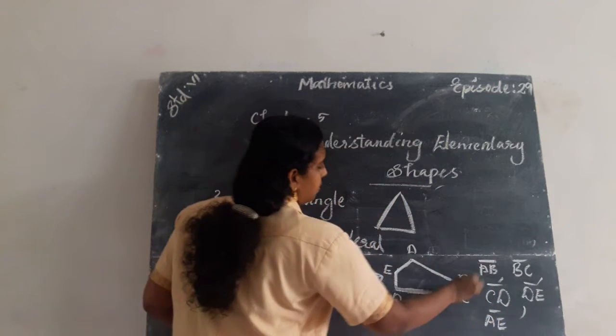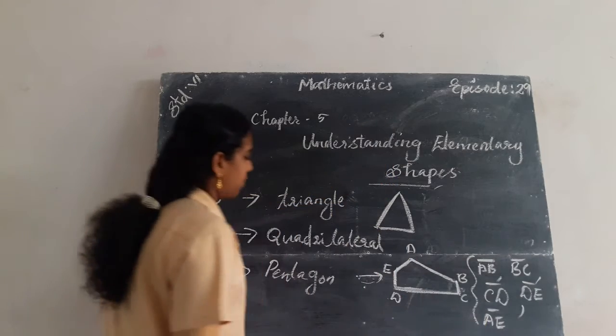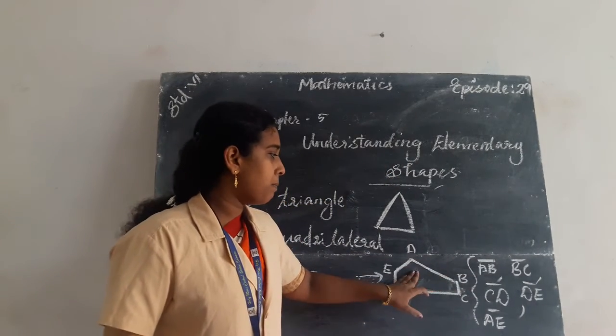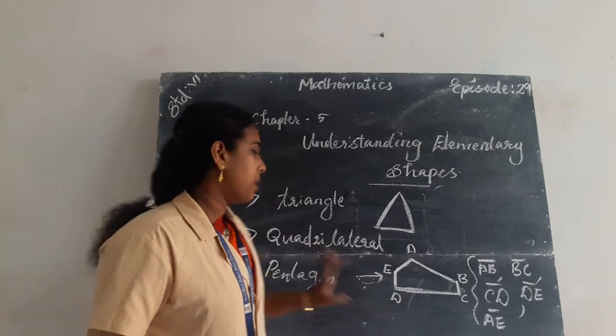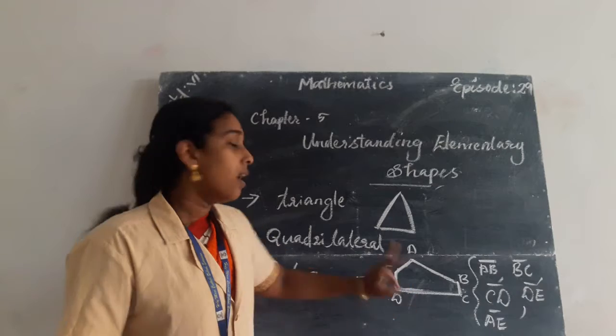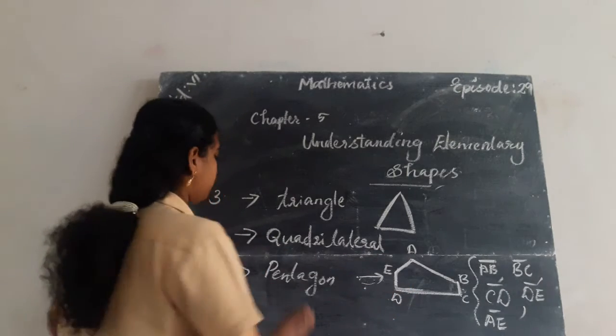So these are the 5 sides of the pentagon, and these five sides are made up entirely with line segments, so it is a polygon. Which type of polygon is this? Yes, this is a pentagon.